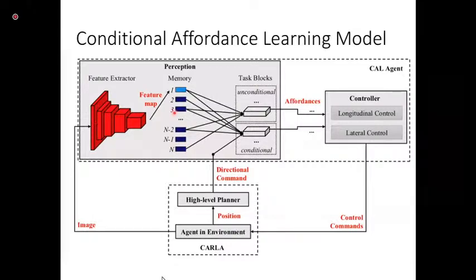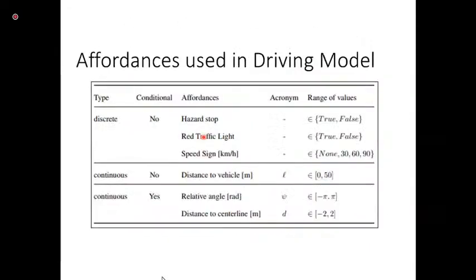So it has basically, like I mentioned, if you see the affordances here, there are these affordances. So this relative angle and center line distance, these are conditional affordances. Okay, so you see the conditional column here is yes. Why are these conditional affordances?